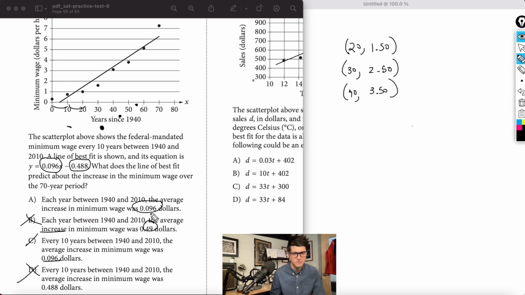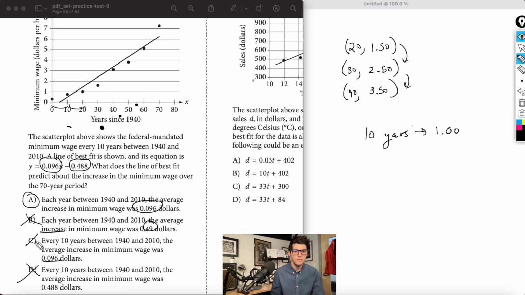It's okay to estimate this. We see that every 10 years it goes up about $1. Right? So each year it must go up about 10 cents if it goes up $1 in 10 years. So 10 years, you could say, approximately $1.